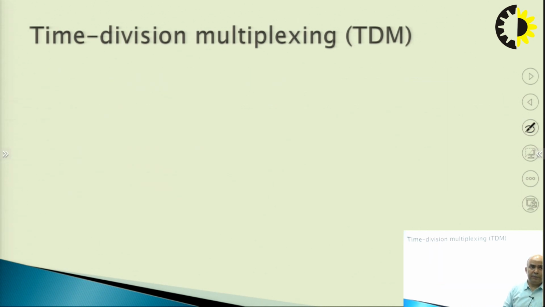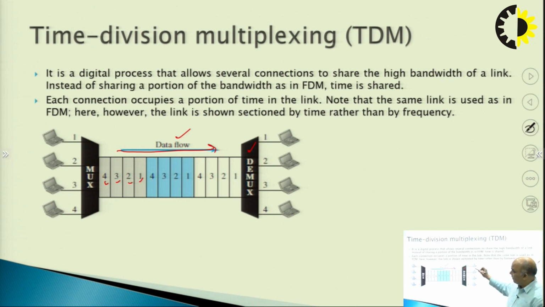But the issue that we face in this TDM is, let's suppose the first user wants to send data and the third user wants to send data, but 2 and 4 are idle. In that case, there is wastage of the time slots, because this method, TDM, requires you to send data in each time slot.